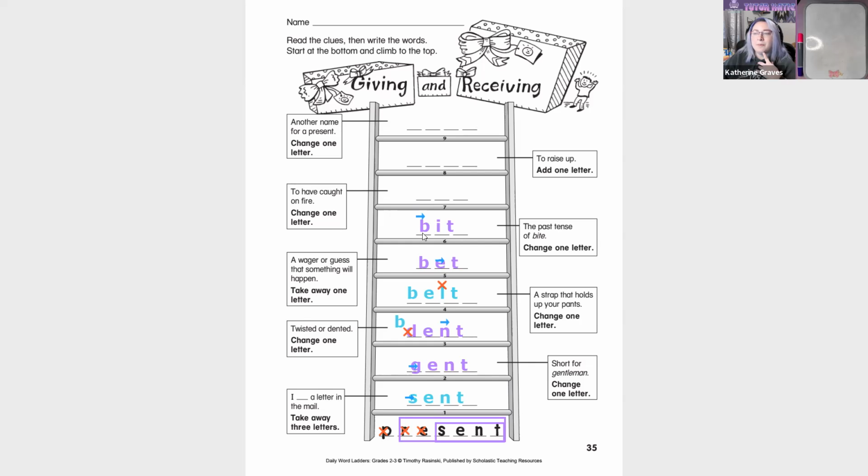What letter do you think we're swapping the B for? Yes. So the past tense form of lighting is going to be lit. Good. All right.